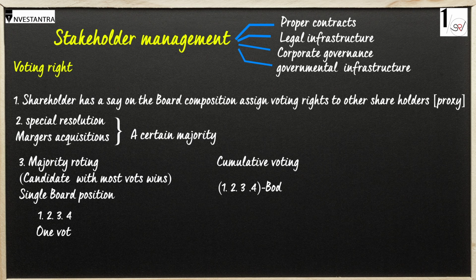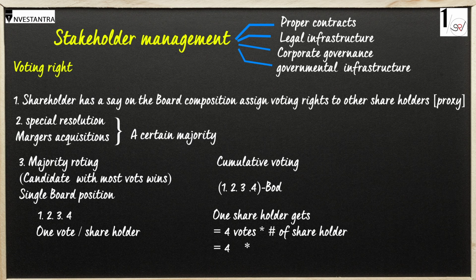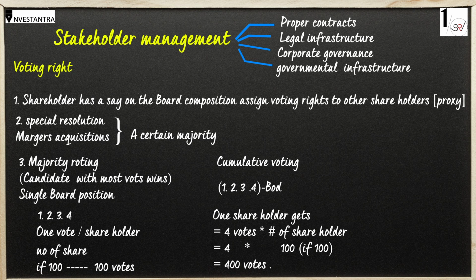I have 1 vote per shareholder. This is interesting because if there are 4 positions, one shareholder gets 4 votes times the number of shares held. That means if I have 100 shares, 100 times 4 would be 400 votes.